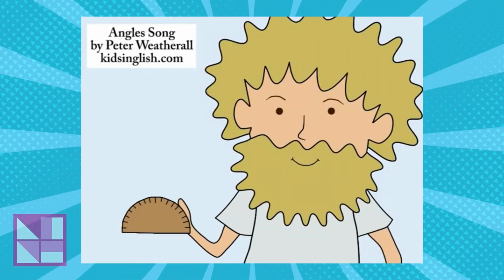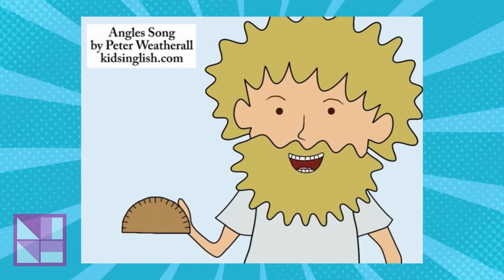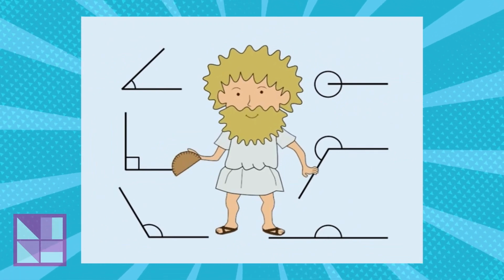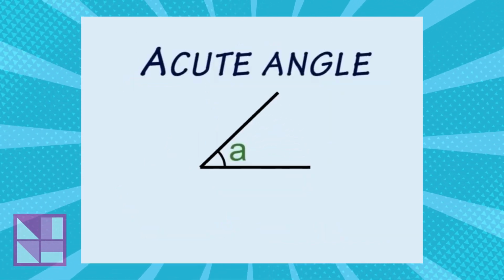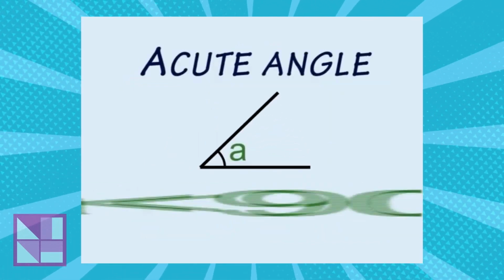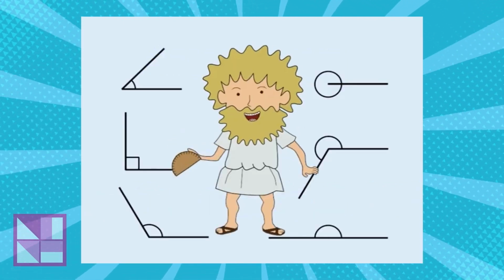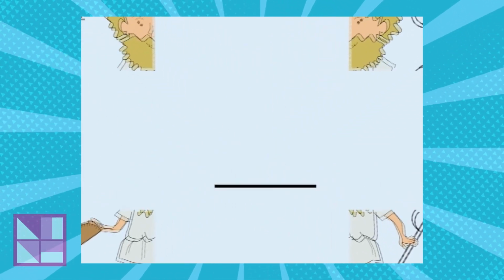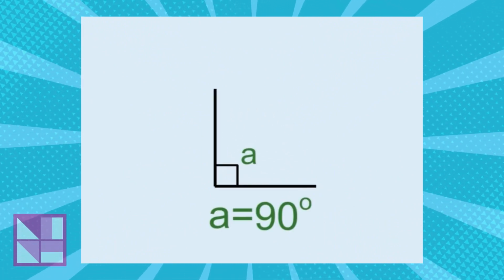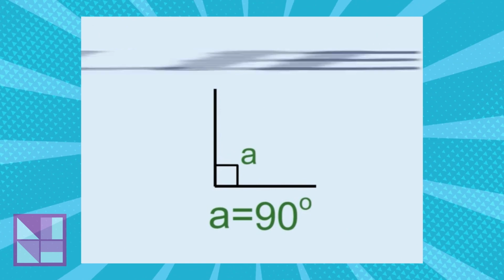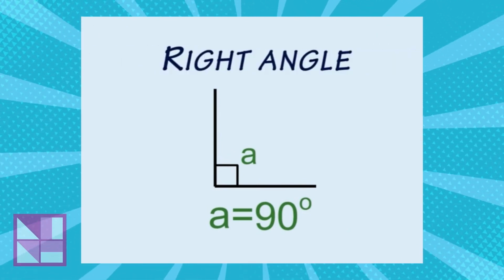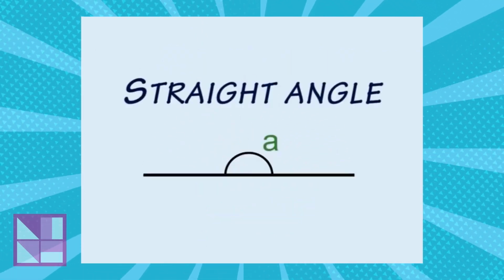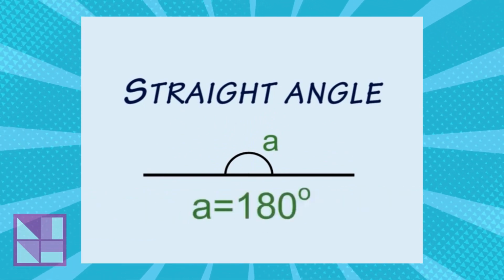I got the measure in degrees of every angle that I see. Come on, angles, don't you tangle with me. All you acute angles I see are less than 90 degrees. Come on, angles, don't you tangle with me. And if you measure 90 degrees, then I know you are a right angle, 'cause you stand perpendicular. I got your number. If you were straight, it's 180 degrees that you make.